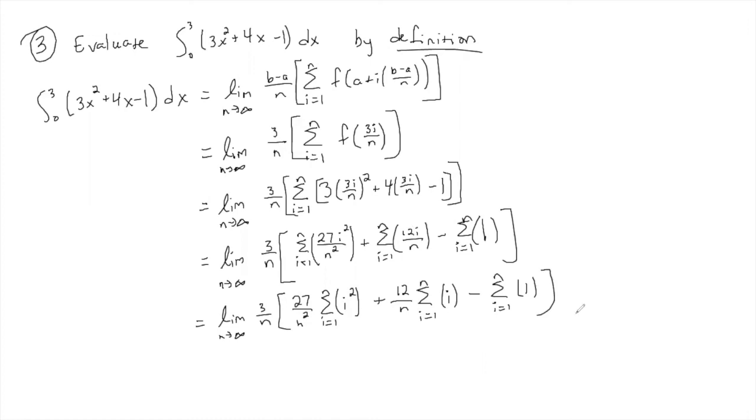1. Great. Okay. So now let's remember what our sum formulas are, because I know what this is, and I know what this is, and I know what this one is.